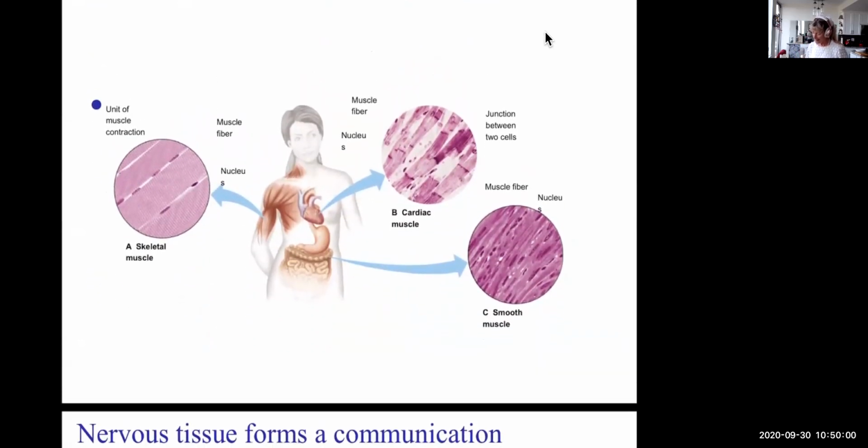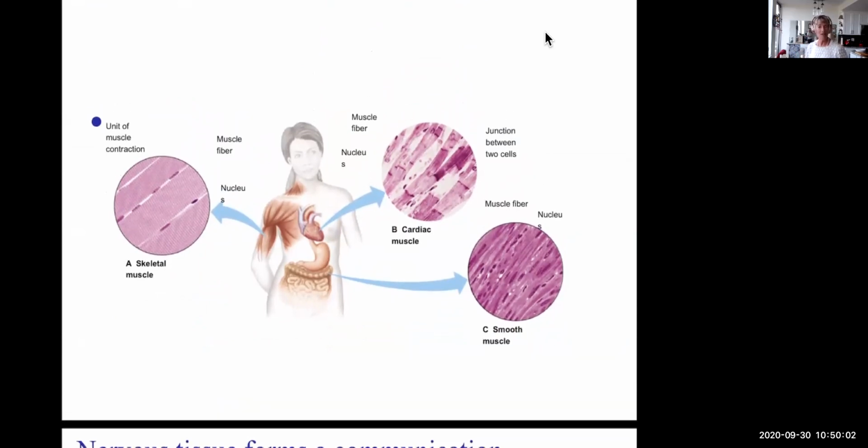They're quite distinguishable. I've only got one slide that I'm showing you about skeletal muscle, just this one. The distinguishable features are that skeletal muscle has these lines, and those lines are called striations.